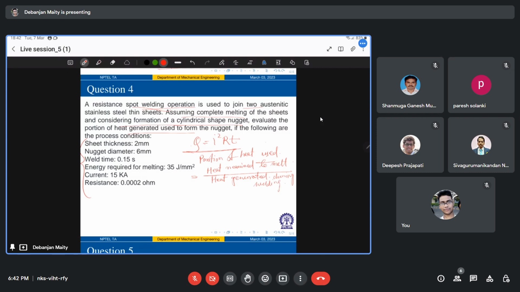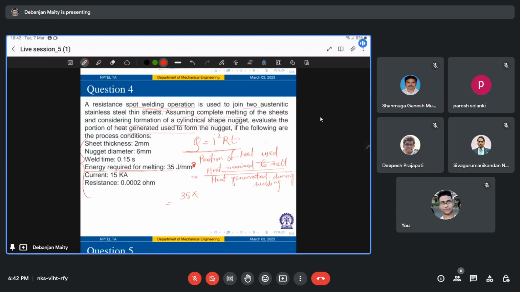Now you have this value of energy required for melting. Sorry, this should be per volume. So if you have this energy required for melting as 35 joule per mm cube, what should be the total heat required for melting?